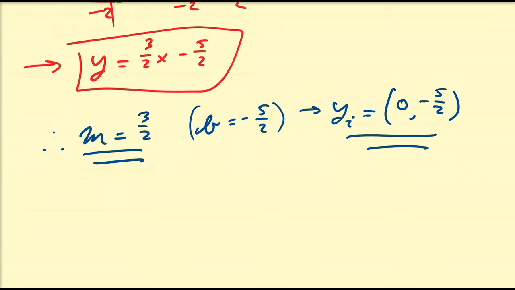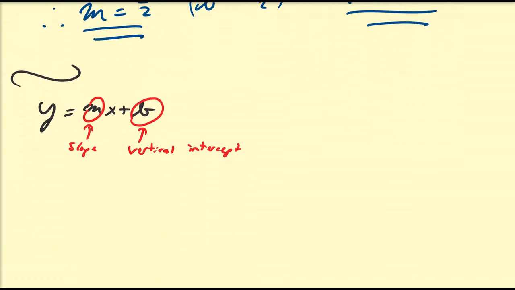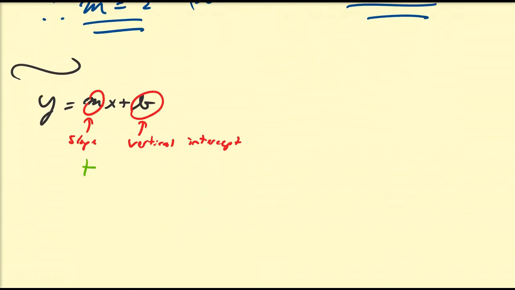So, in summary, we have y is equal to mx plus b. M corresponds to the slope. B corresponds to the vertical intercept. Also notice that the entire right-hand side of this equation only has x in it.